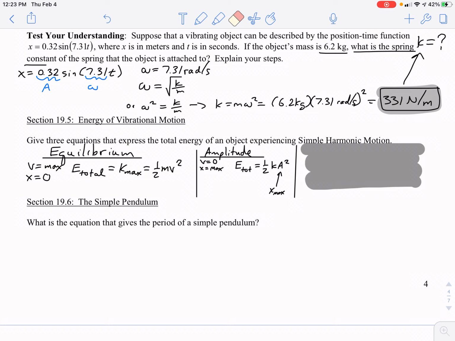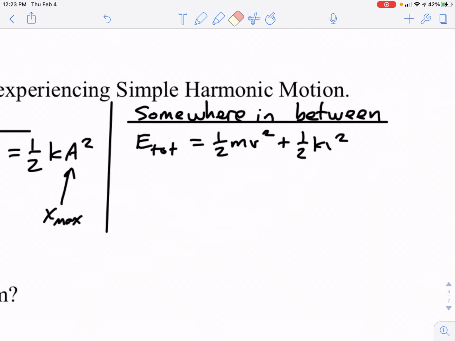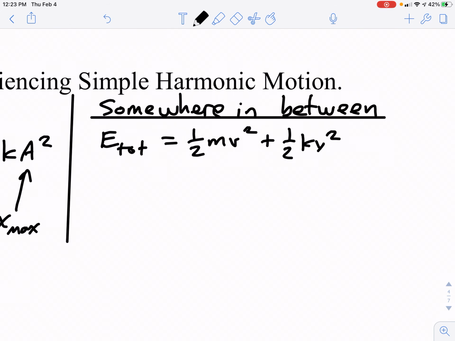And then lastly, the total energy, anywhere in between, would be the sum of 1/2 mv squared and 1/2 kx squared.